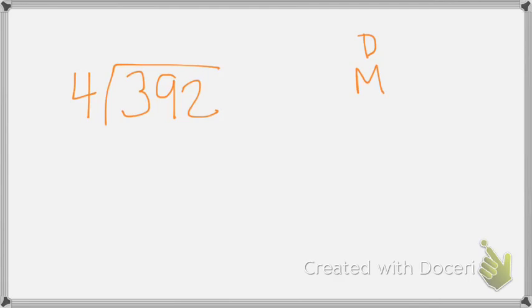All right, our next one, 392 divided by 4. And again, if you want to pause and start trying it out, that's great. So if I look at my hundreds place, 3 is less than the 4 here. So I automatically need to put a 0 there as my placeholder. And then I look at it as 39.